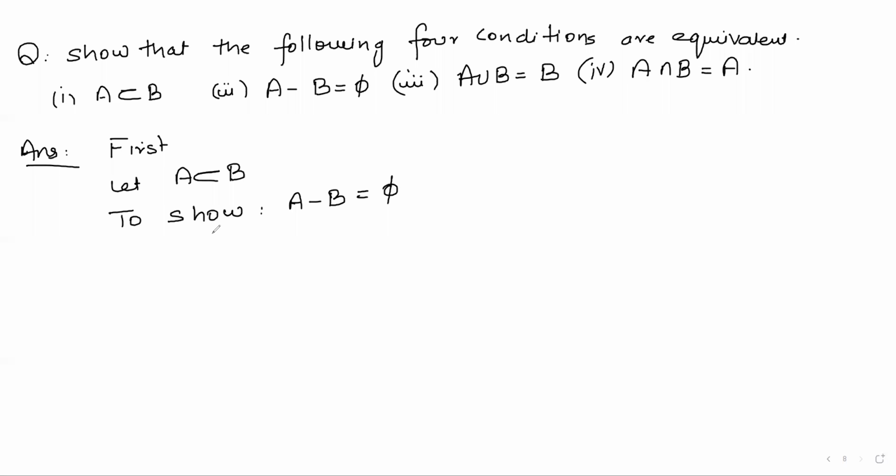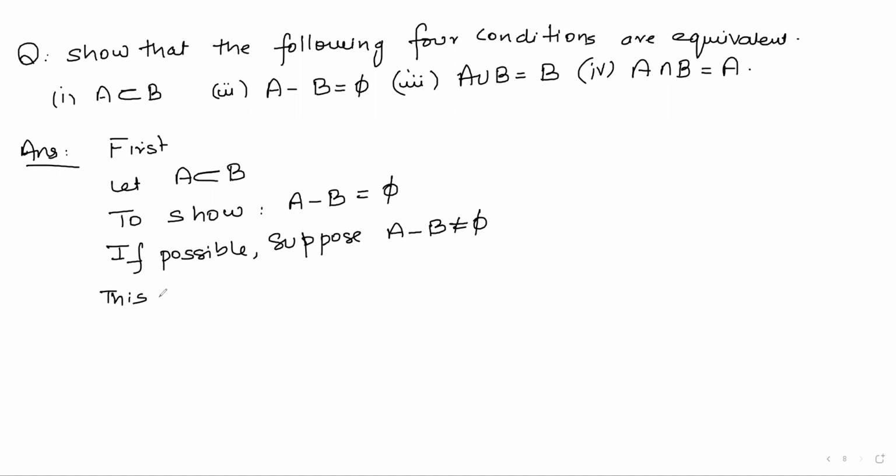What we will do is assume the opposite. We will assume it, if possible: suppose A minus B is not equal to the null set.